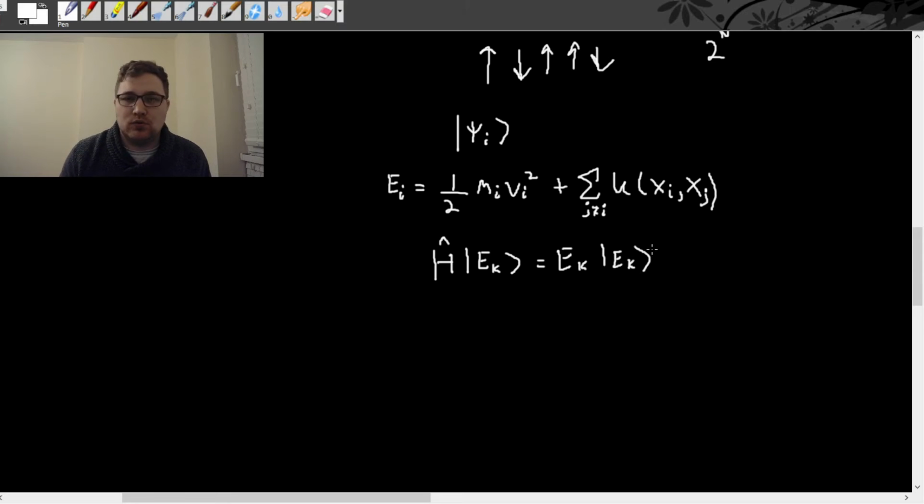If I take some energy eigenstate E_k, then I know that its corresponding energy will be this scalar E_k over here. Now the reason why these microstates are going to be more preferable will be obvious right away.